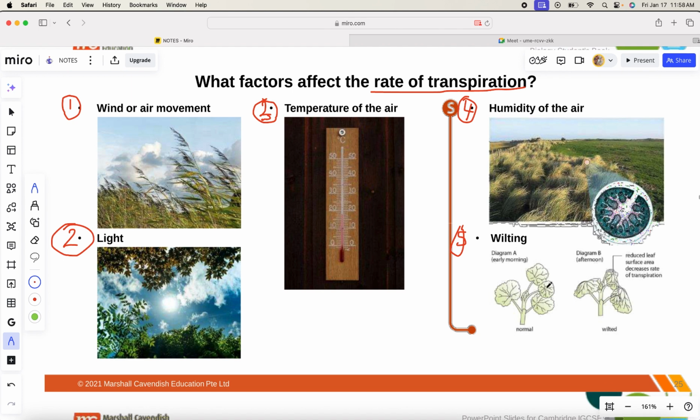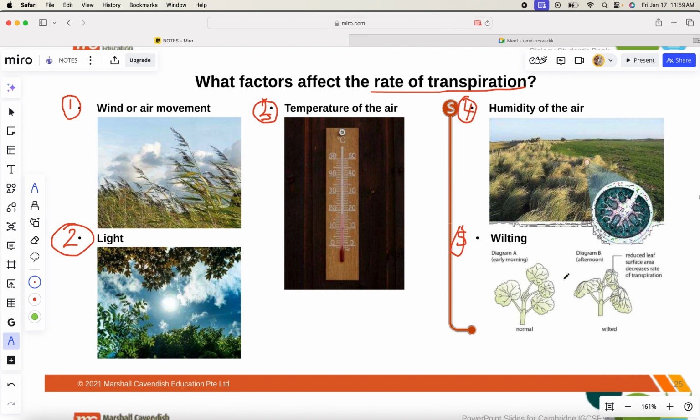But somewhere around in the afternoon, when the sun hits them, there's heat, the plant will reduce leaf surface area, which decreases the rate of transpiration. So the surface area will drop because of heat. If it's fresh, transpiration is higher when it's normal, but when it's wilted, then the rate of transpiration is lowered.